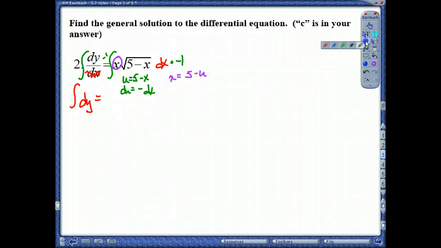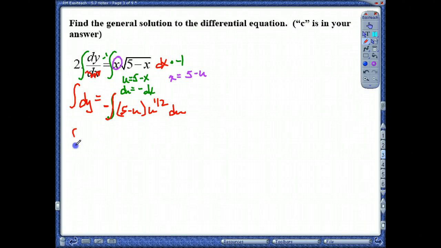And I'm going to rewrite the integral on the left side. Let me change it back to red here, okay? So then that's going to become, I have that negative out in front. My x is 5 minus u, and then I've got the square root of 5 minus x, which is u to the 1/2 power, du.